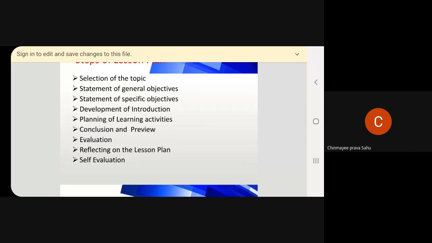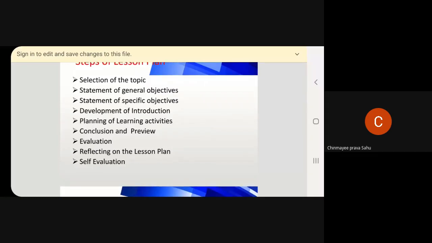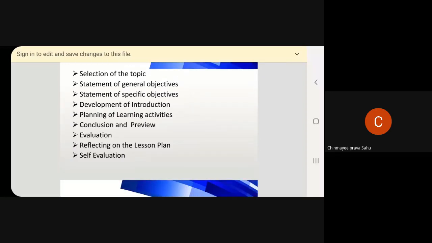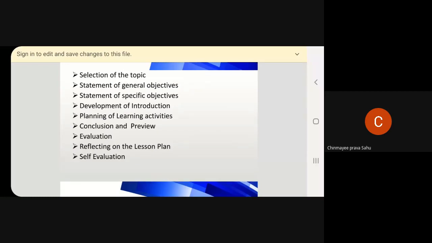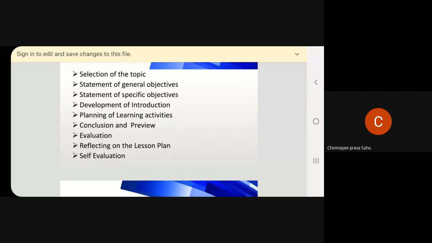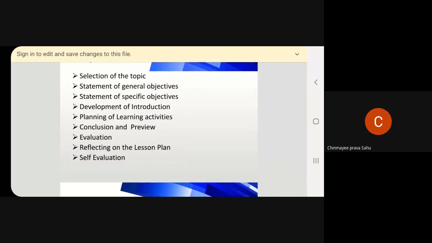Okay. I already told you in the last class also, whenever we prepare objectives, specific and general objectives, we do it on the basis of the domain. We frame objectives on the basis of the cognitive domain, which is related only to knowledge and information.